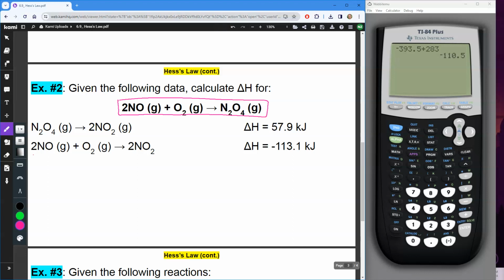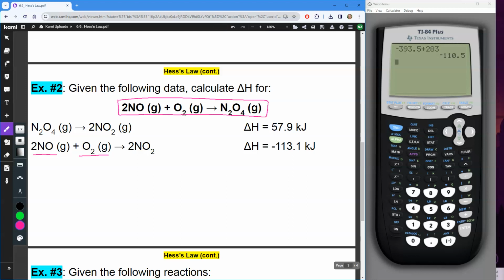Well, let's see, we have 2 NO here, and that's 2 NO2. Okay, so the NO is in the second reaction, and it's already on the correct side of the reaction, so I don't want to flip that one. I want to leave that one alone. We also have O2 in the target reaction on the reactant side, and it's on the reactant side in reaction number 2, so I want to leave that one alone.